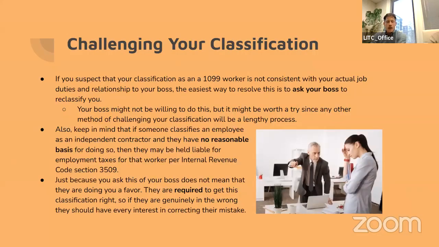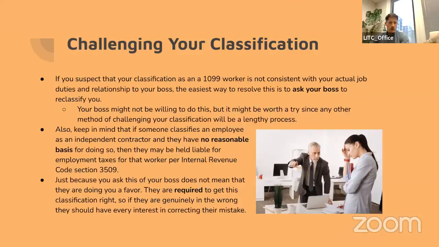But the first thing that you should really look at doing is challenging your classification, or at least taking another look. Now, as my colleague Aiden mentioned, there are those three factors that the IRS will look at, and you can do that by yourself as well, to think about whether you're an employee or a 1099 contractor.